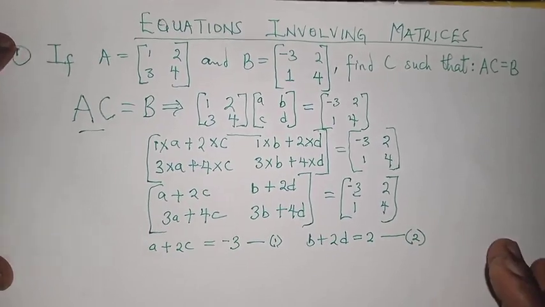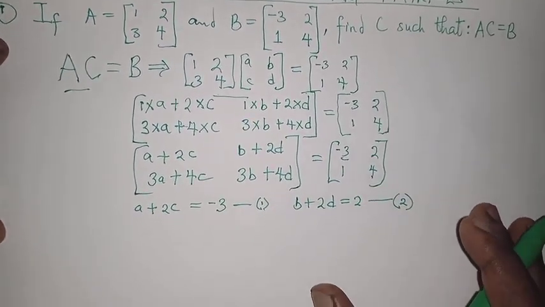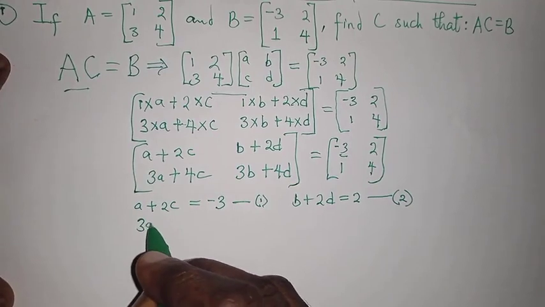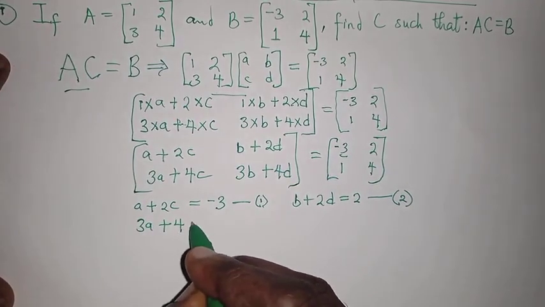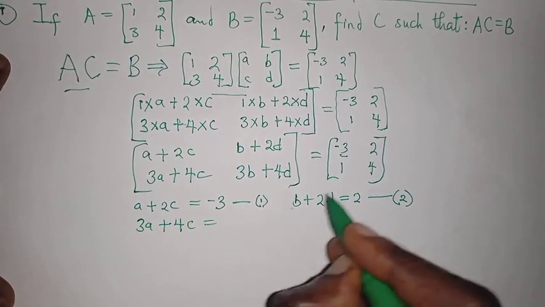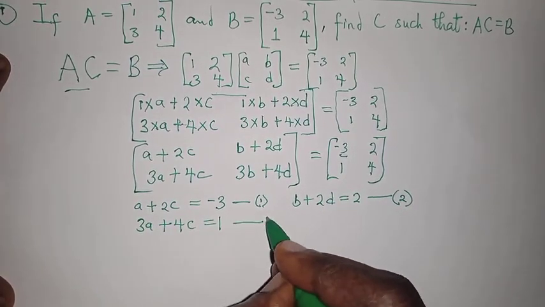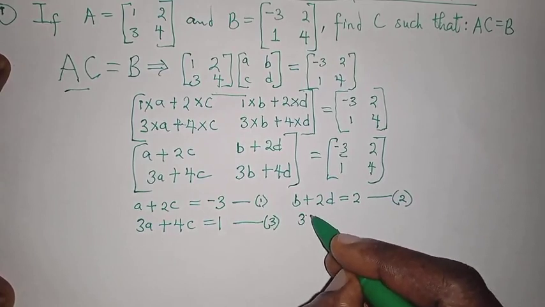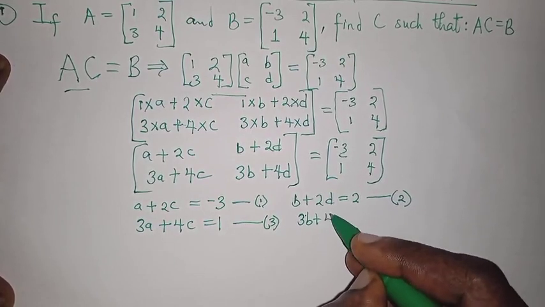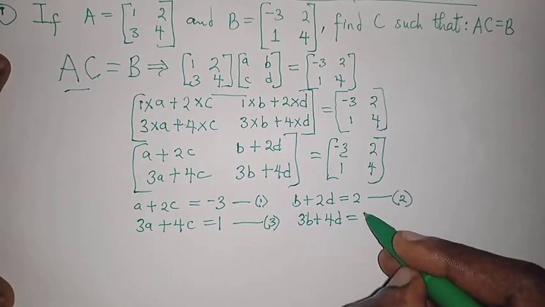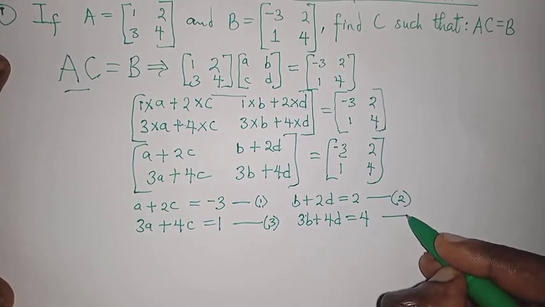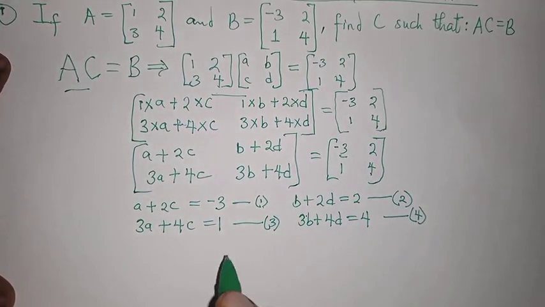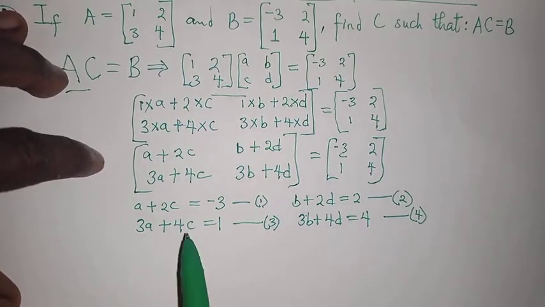Then 3A plus 4C can be equated to 1, and I'm going to call that equation 3. Then 3B plus 4D can also be equated to 4, and I'm going to call that equation 4. Now we're going to solve this simultaneously.